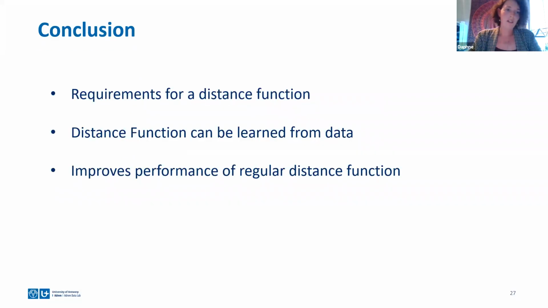So basically, to conclude this presentation, we showed some requirements for the distance function. We showed how this distance function can be learned from the data without relying on external resources. And we showed how this distance function can improve the performance of situation testing.